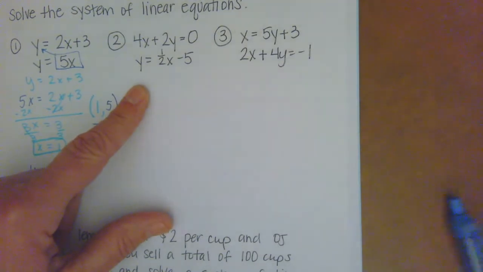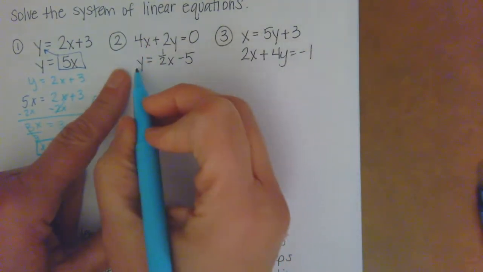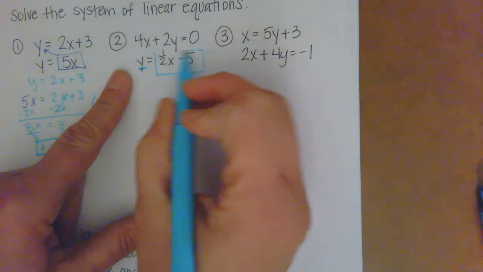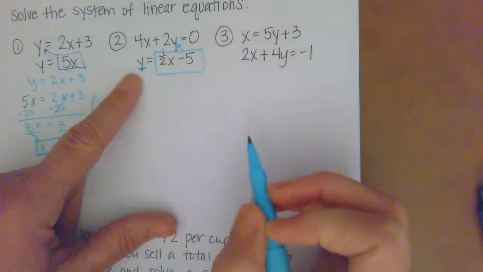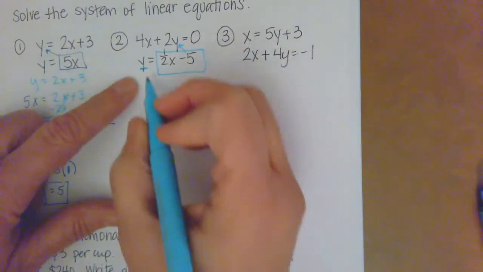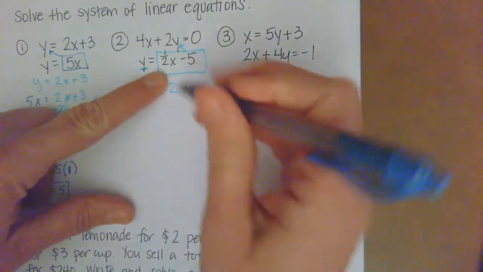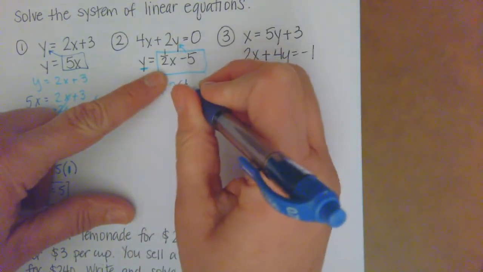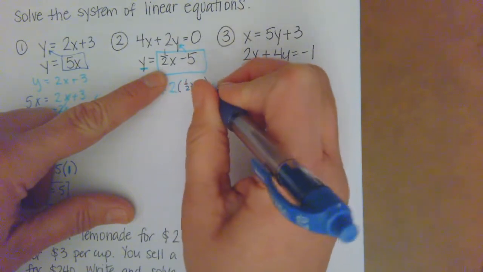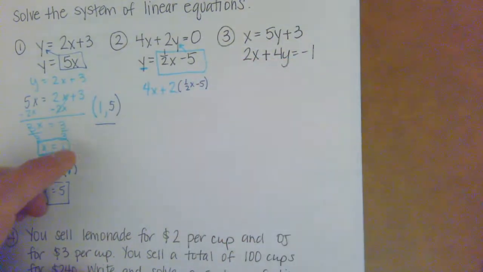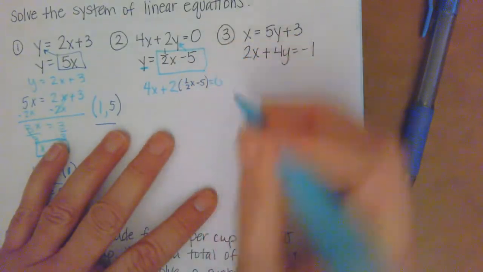On this one, all right, this one's already solved for y, so y is equal to this. So I'm going to take that out and put it into this equation. So we're going to start with 4x plus 2 times y, and we're saying y is 1/2 x minus 5. And that's going to be equal to 0.